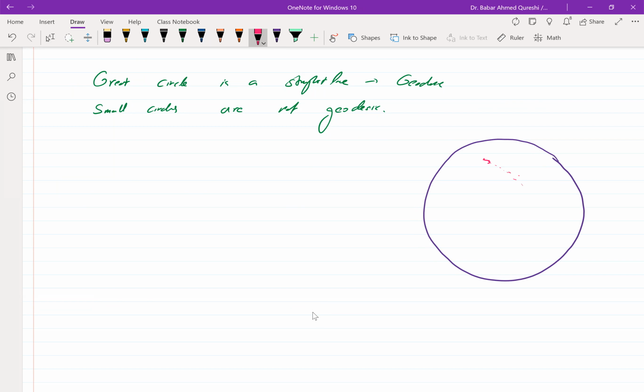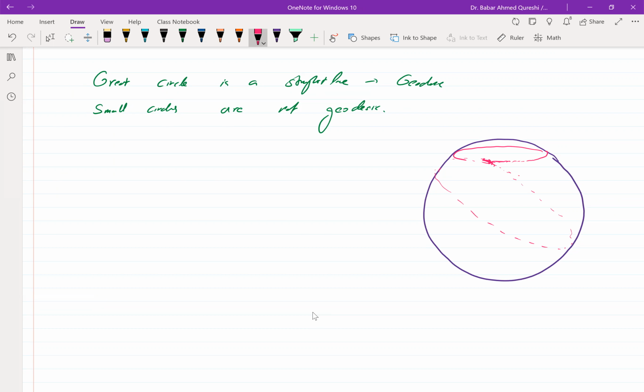So that means if I keep this direction and go around, this would be a straight line. But if I try to make a circle around like this, then I'm not keeping this direction. I have to turn back. Instead of going here, I turn back and I make this smaller circle.